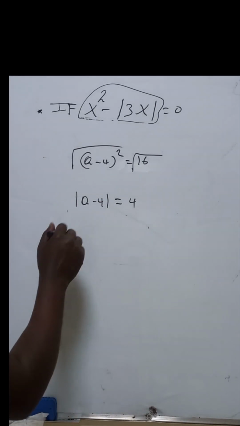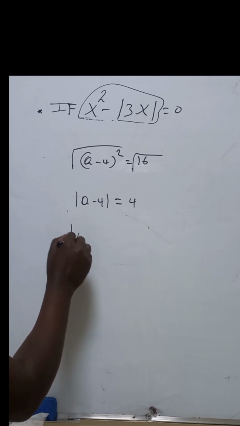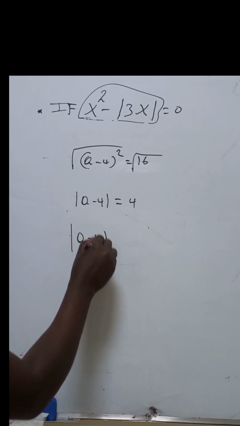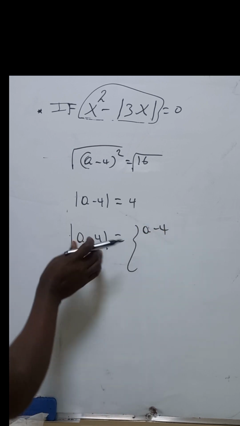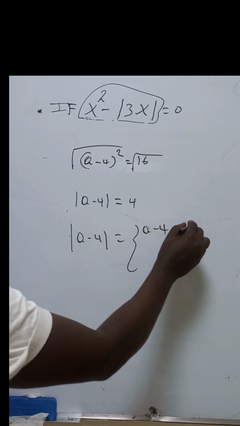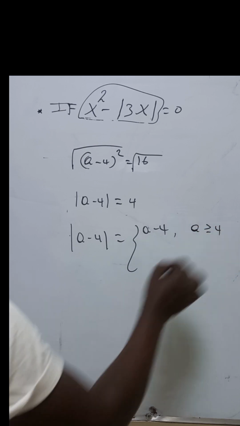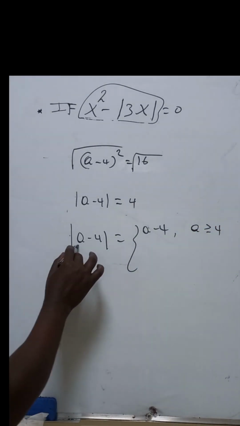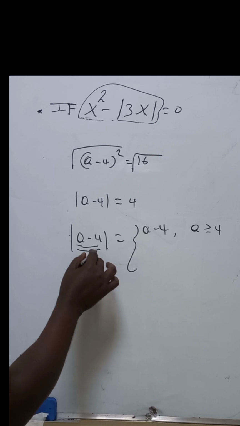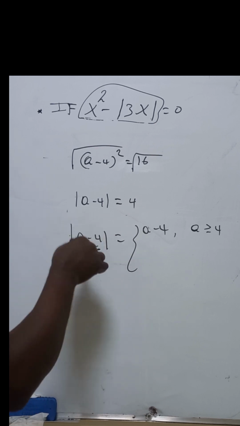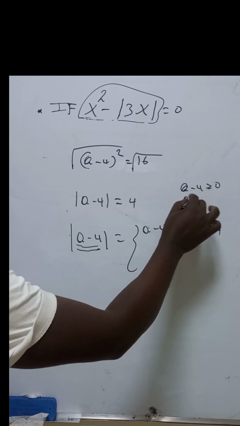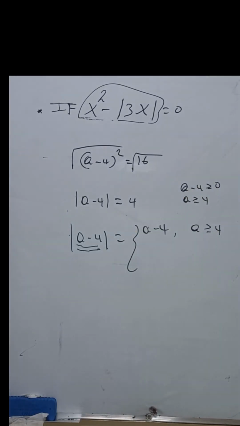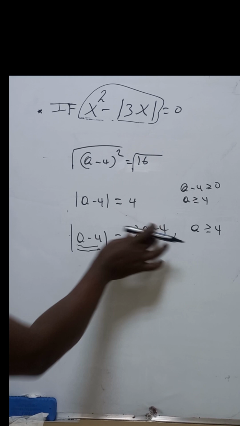Based on our previous cases, this can be defined as either a minus 4. You can take exactly this one, but this is possible if a is greater than or equal to 4. You know the reason? For any real value, if a minus 4 is greater than or equal to 0, when we solve for a greater than or equal to 4, this value is positive, so we can take it out like this.